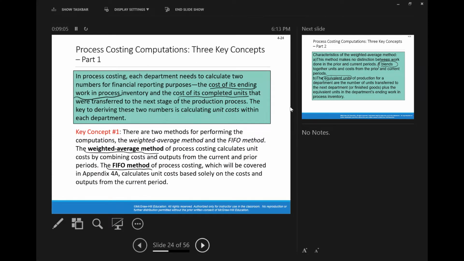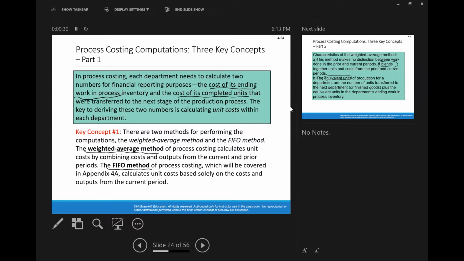All right. Some of these slides are kind of wordy. So we want to look at each department. We're calculating two numbers for financial reporting. We're looking at the cost of its ending work in process. So remember I told you we're going to have to figure out how we're going to have a number that's associated with work in process. So the products aren't completed in full.